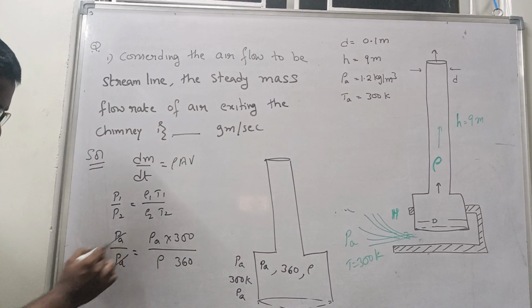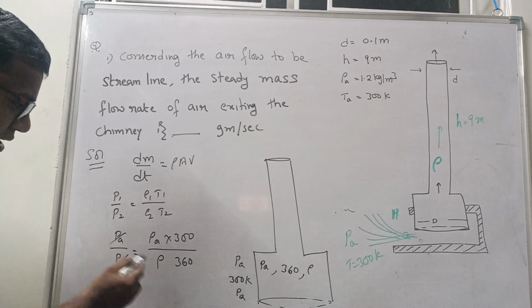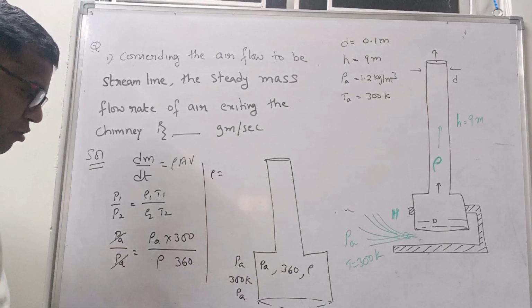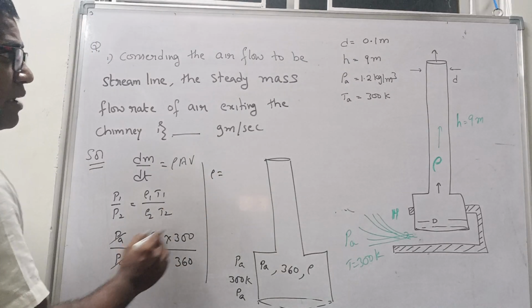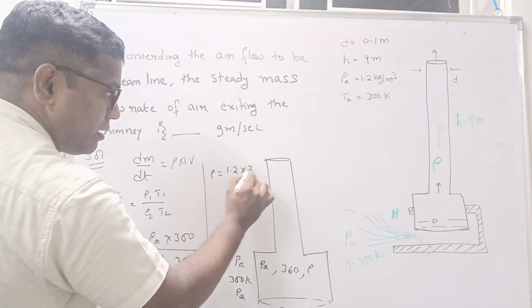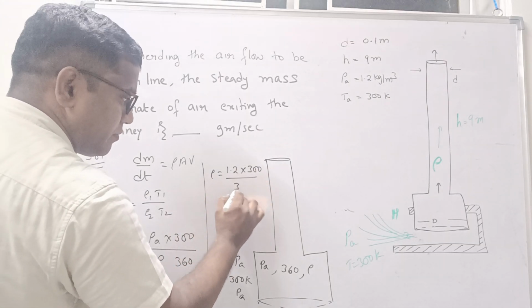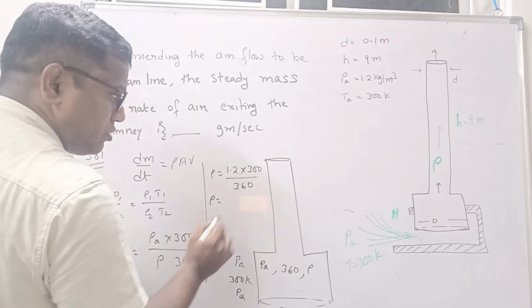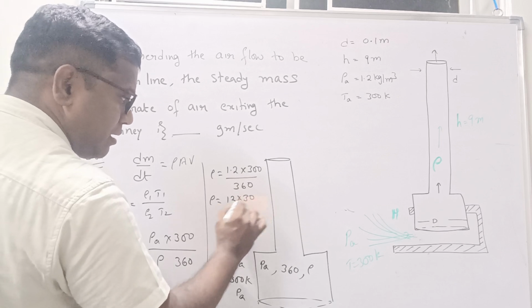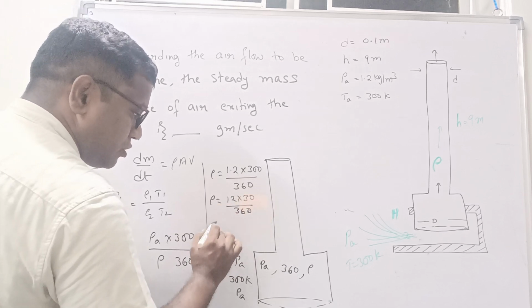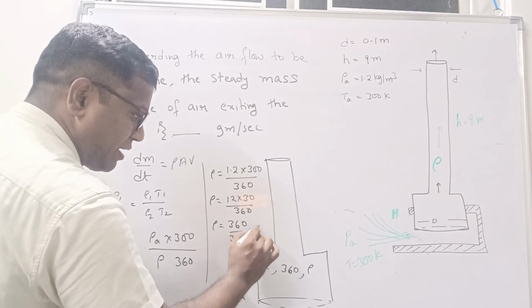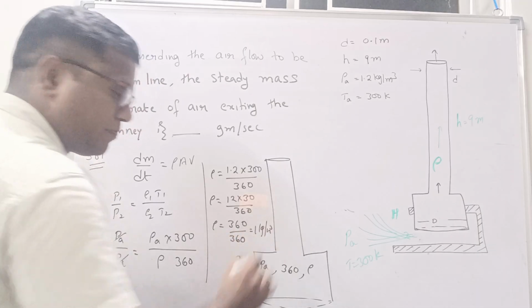So PA gets cancelled. Rho A is already given as 1.2, so rho is equal to 1.2 into 300 by 360, which is equal to 1 kg per meter cube.